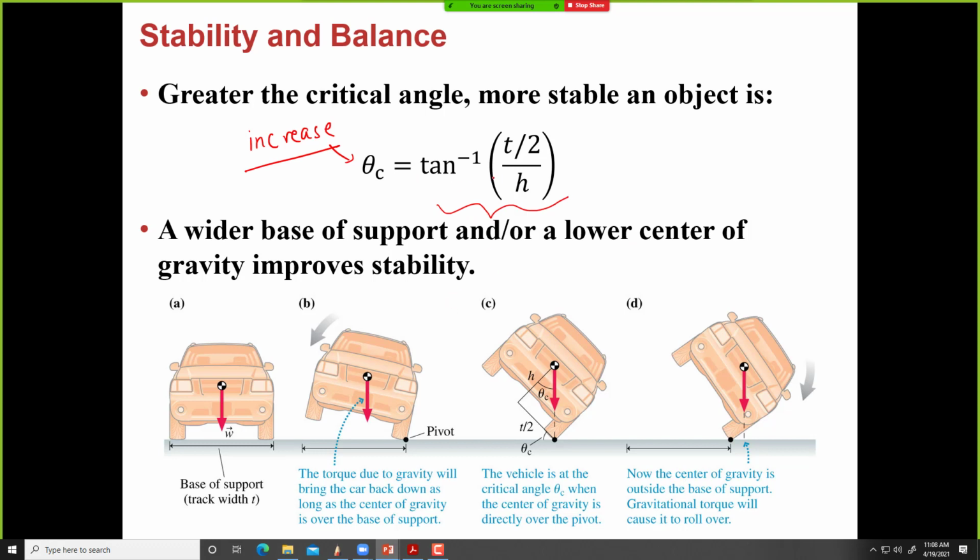To increase the right-hand side, we need to either increase this numerator or decrease that. What does that mean physically? So increasing T means making your car or vehicle wider. Okay, make it wider. And what does decreasing H mean? Meaning lower the center of gravity.